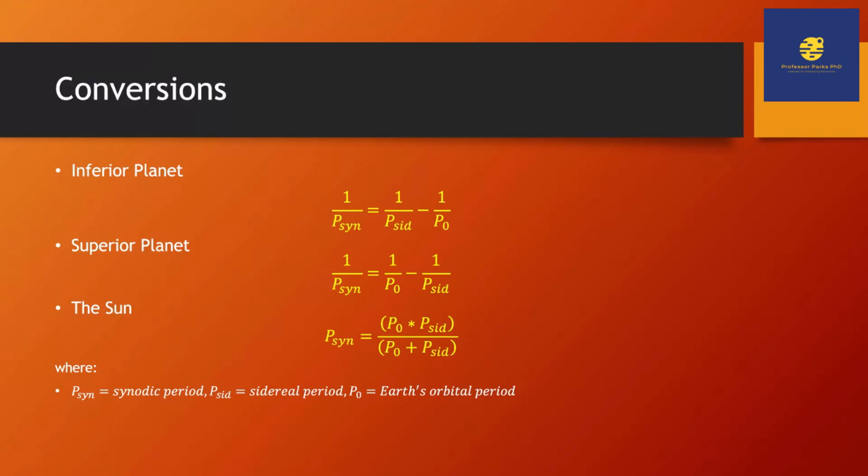So if you have the synodic period of the planet, basically the period through which it goes through a particular cycle, which again I will show momentarily, then you can very easily convert into the true sidereal period, or how long it takes to move around the sun, again in reference to a background star.